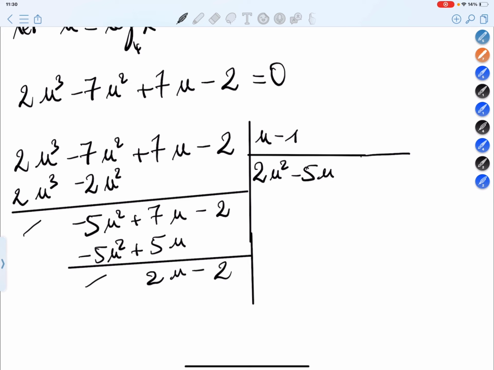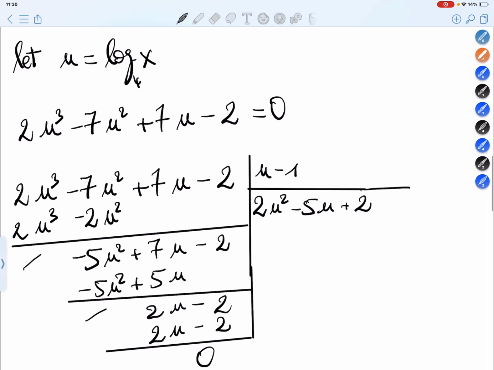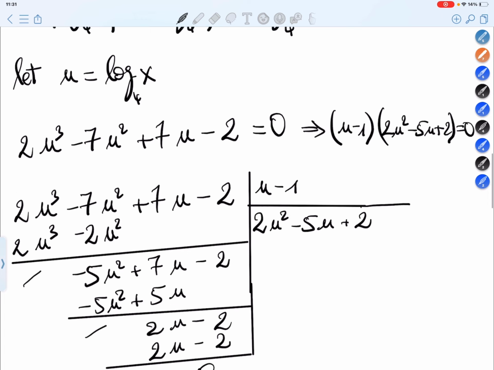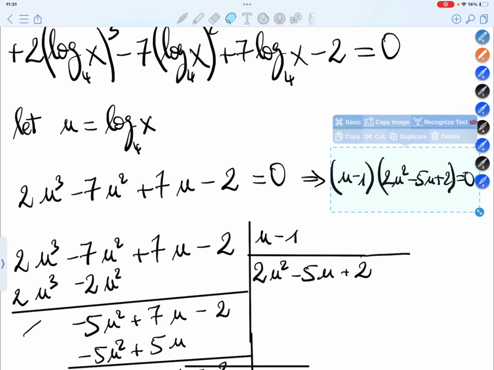Now 2u divided by u would give us plus 2. 2 times u is 2u, then 2 times minus 1 is minus 2. As we can see, we have 0 as a remainder. Therefore, this can be simplified as u minus 1 times 2u squared minus 5u plus 2. So this equals 0.